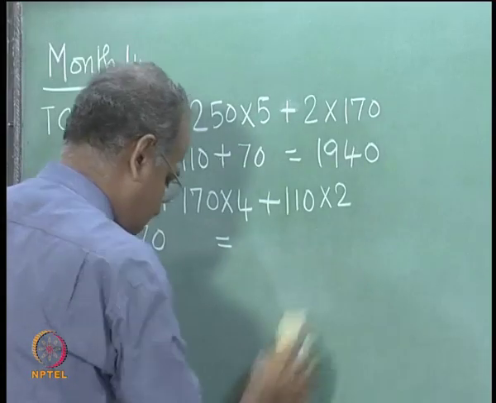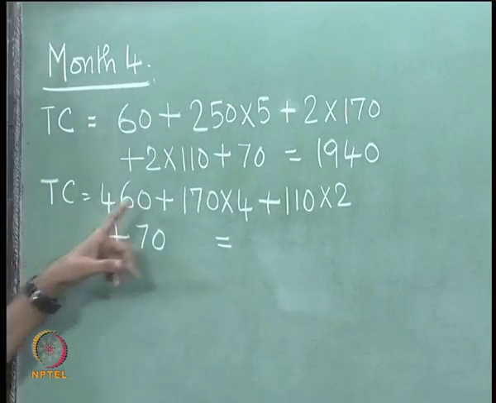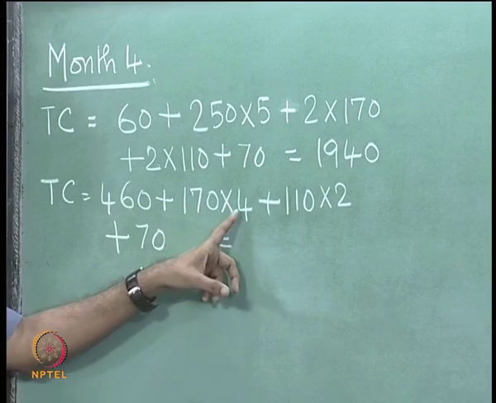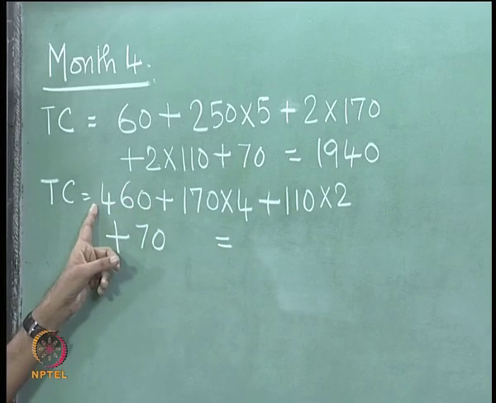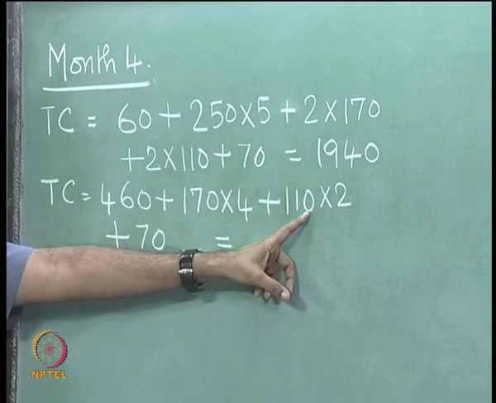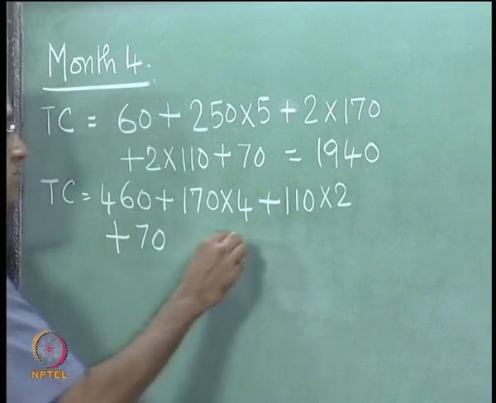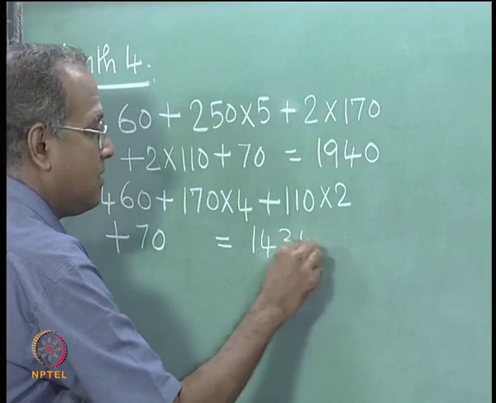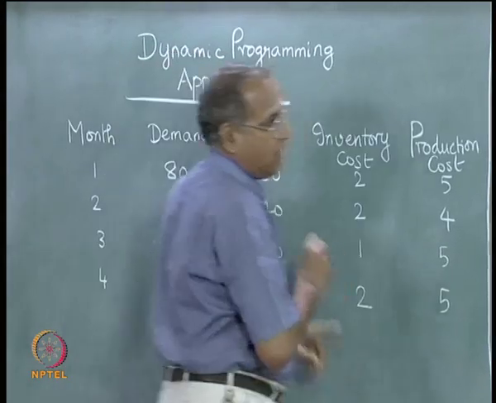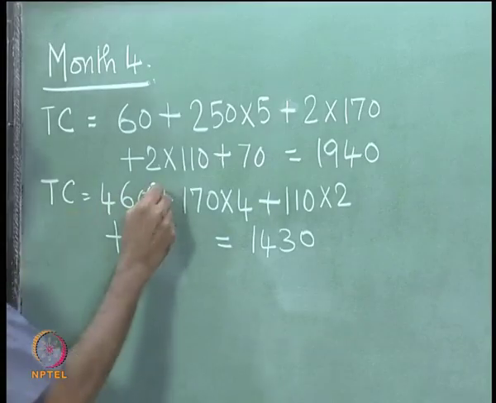Let me do it again. 460 plus 680, 740, 1140, 1000 plus 220 is 1360 plus 70 is 1430. Setup. So, I have to include the setup time also. So, there is a setup cost of 40 which comes here. So, that 40 has to come here.